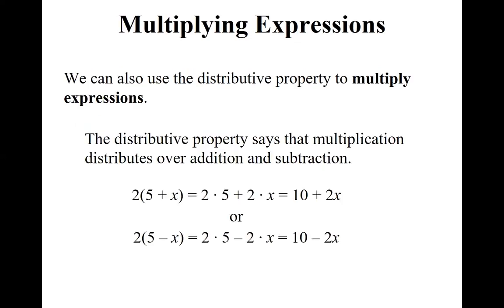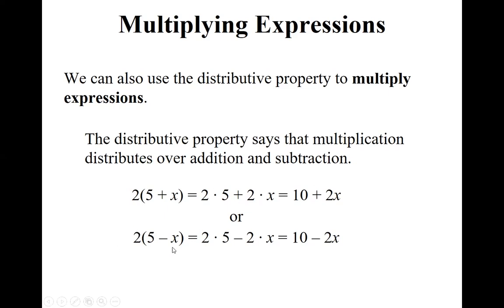We could also use the distributive property to multiply expressions. So this is the form of the distributive property that we're most familiar with coming into this topic. If we had 2 times 5 plus x, that's 2 times 5 plus 2 times x. And we can simplify that to 10 plus 2x.